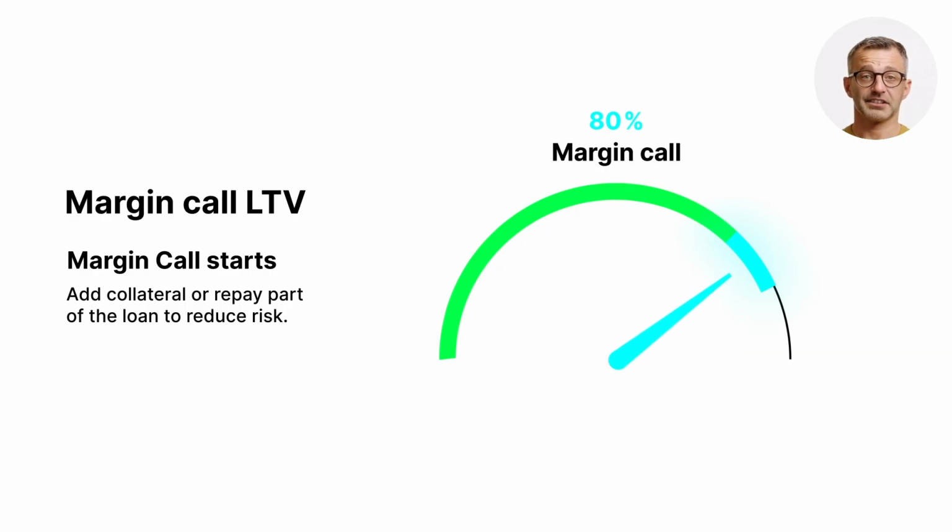The exact value is determined by each platform, but usually the margin call level starts at about 80%. If your LTV rises to this point, you will receive a margin call, a warning. You will be asked to increase your collateral or repay part of the loan to reduce LTV.